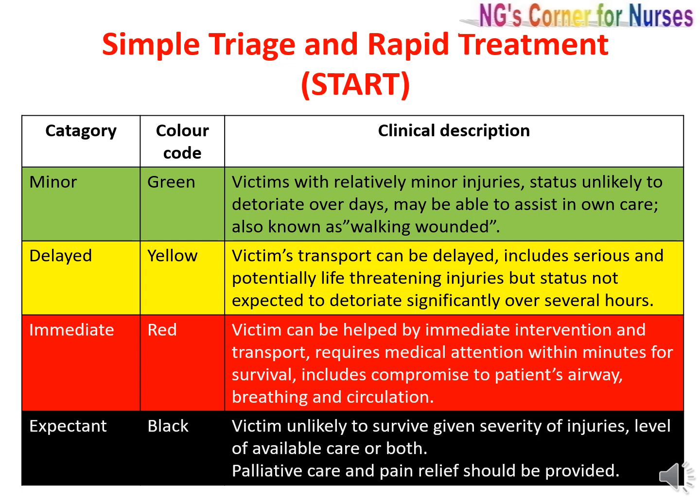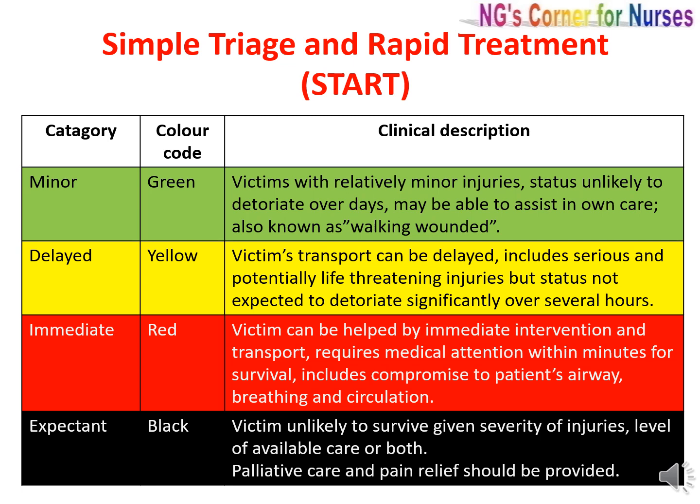The victim's transport can be delayed. This includes serious and potentially life-threatening injuries, but the status is not expected to deteriorate significantly over several hours. Next is immediate, that is denoted by red color.